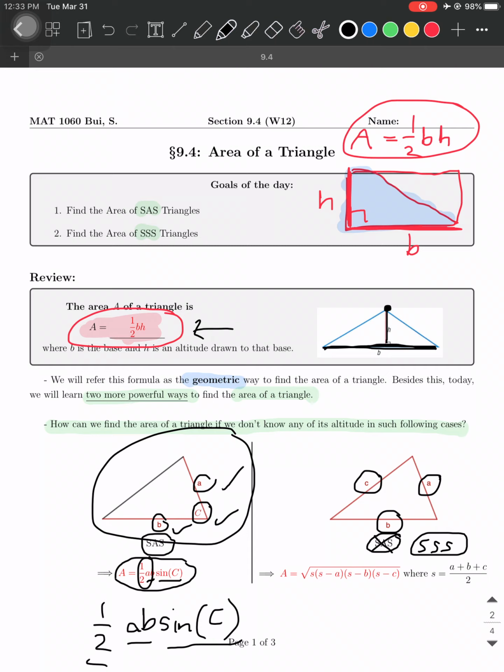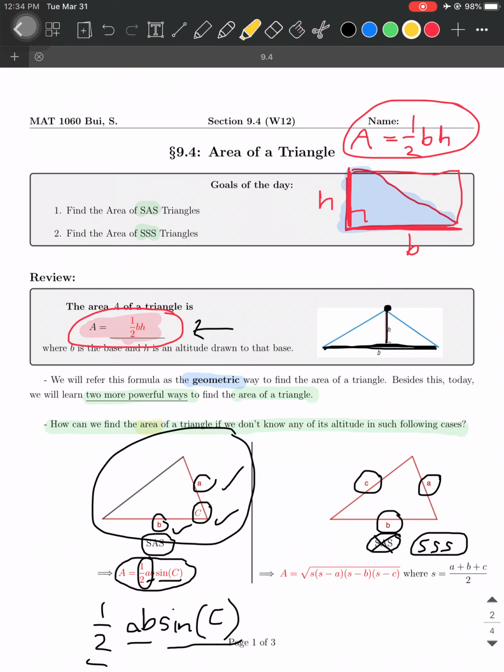So notice that, don't trip over my mistake. I used to think that whenever you see a triangle like this, I have to solve for the triangle. No, it really depends on the problem. The problem here is asking us to find the area only, right? So we're not going to try to solve the triangle. You don't have to find big A, big B, and big C in this case.